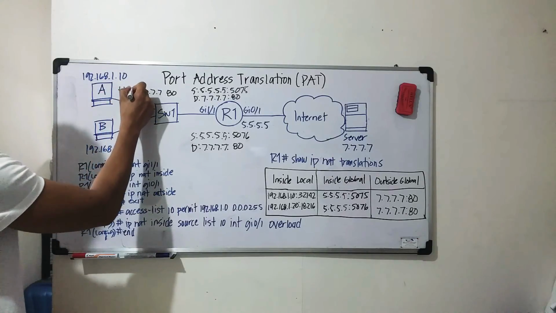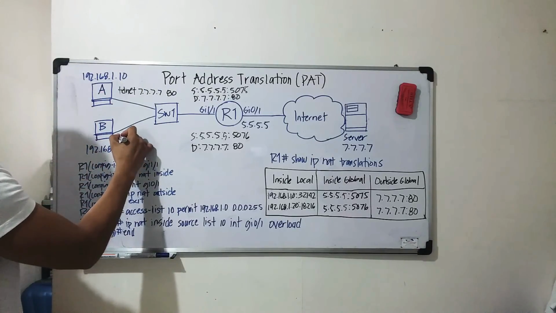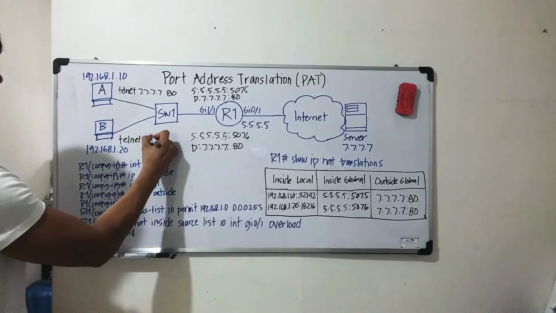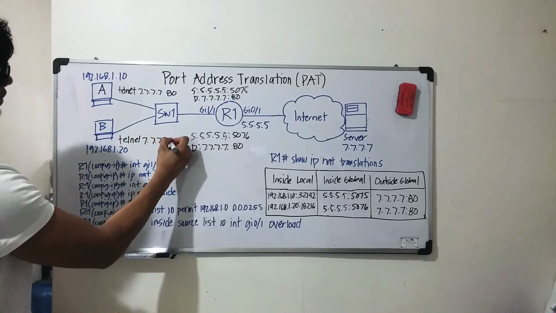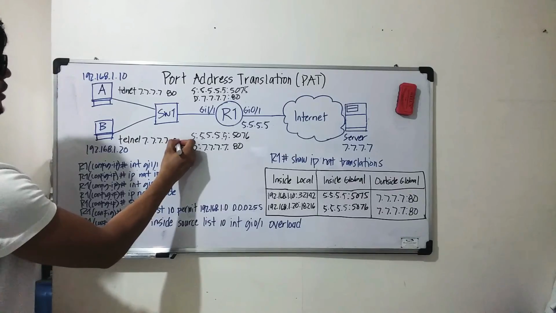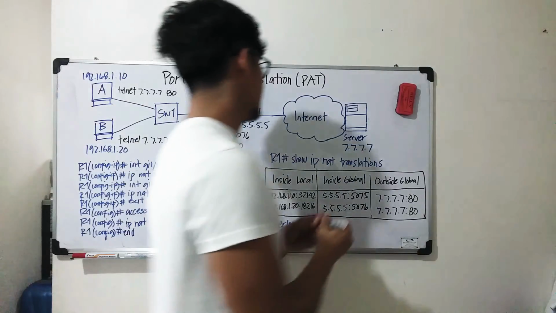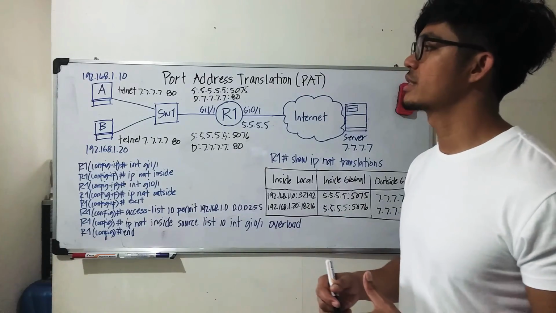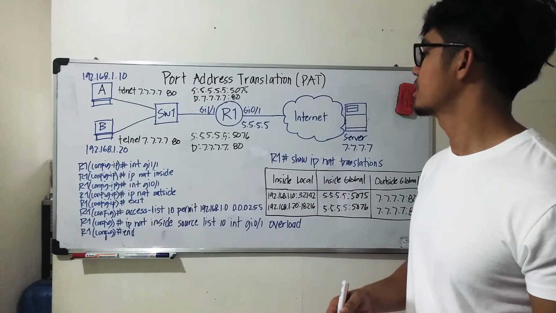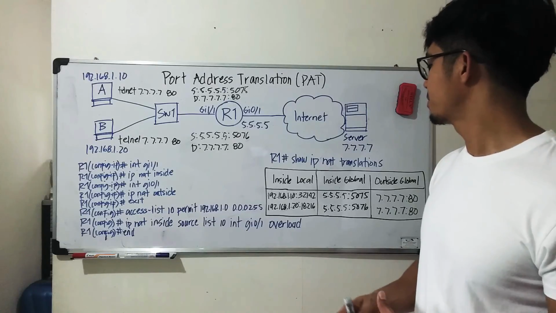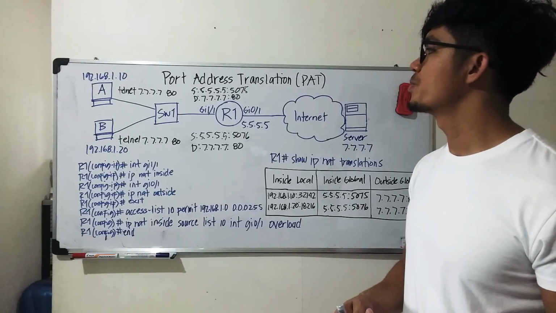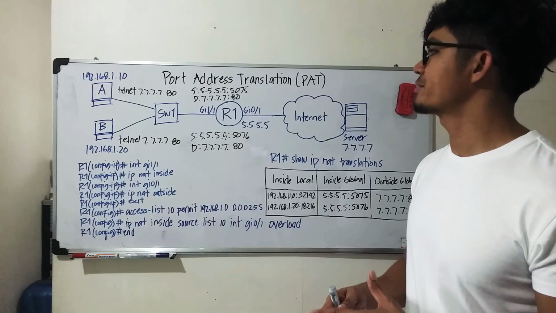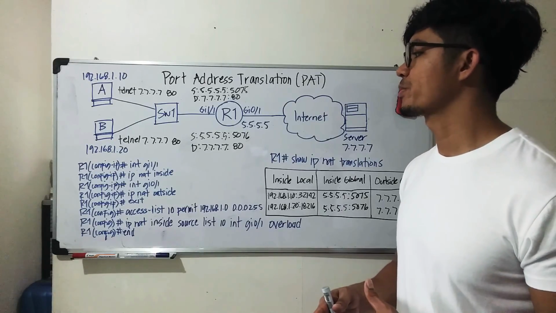Also the same here, telnet 7.7.7.7, specify port 80. And you will see that you're gonna have an open connection. So yeah, that's how port address translation, or PAT, works, and that's how you configure it.